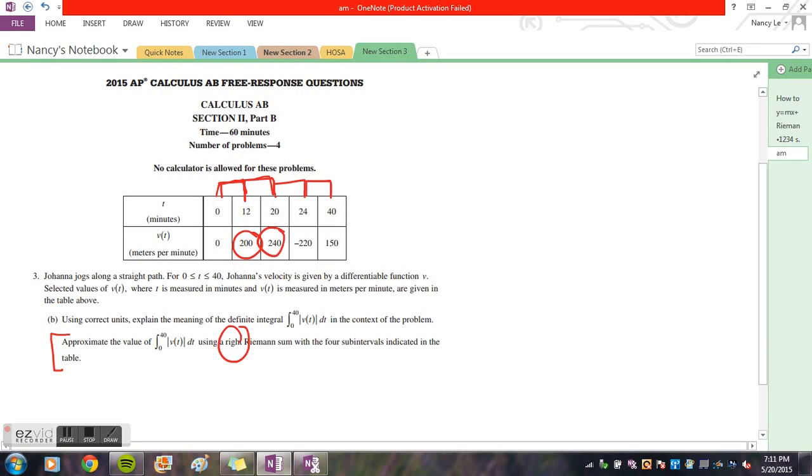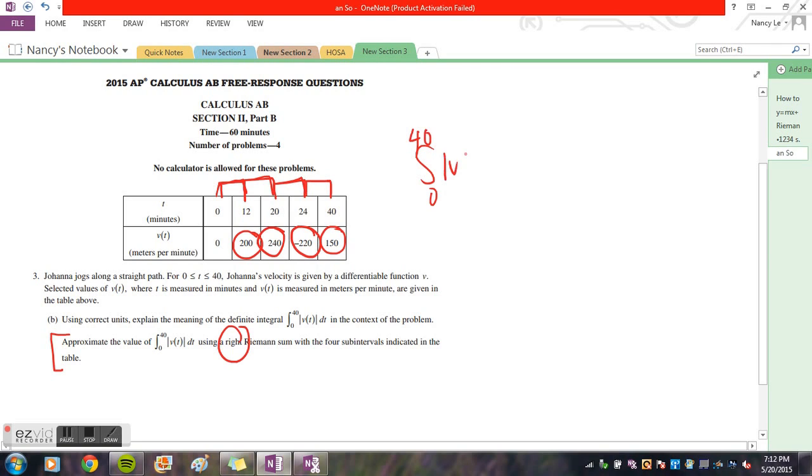And then from 12 to 20, the right value would be 240. 20 to 24, the right value would be negative 220. But since it's asking for absolute value, we're going to consider that a positive 220. And then 24 to 40, the right value would be 150.